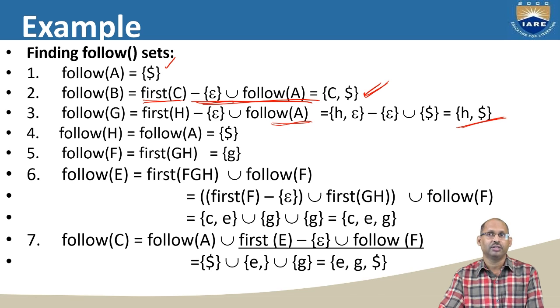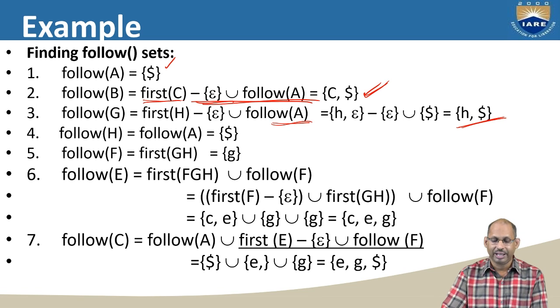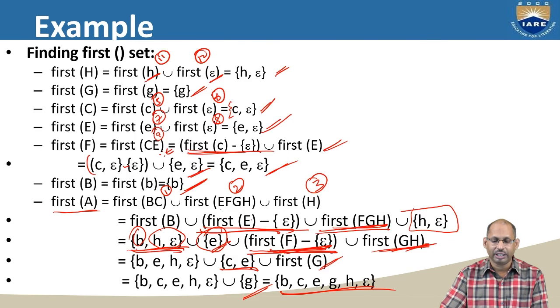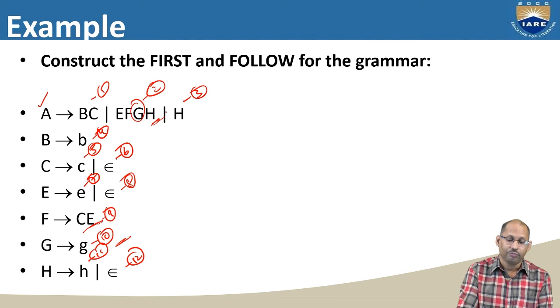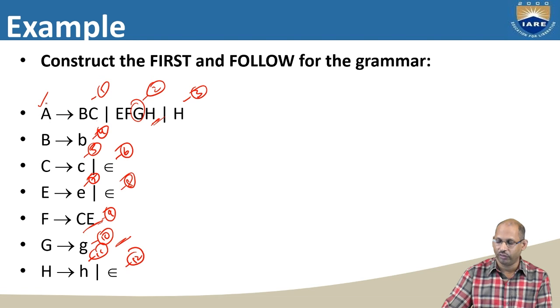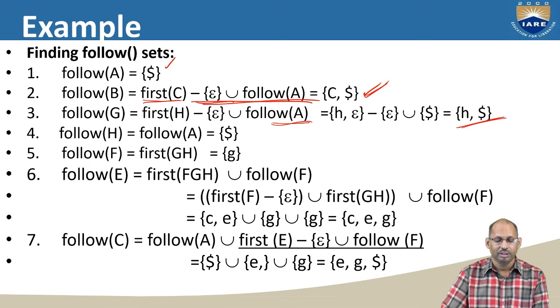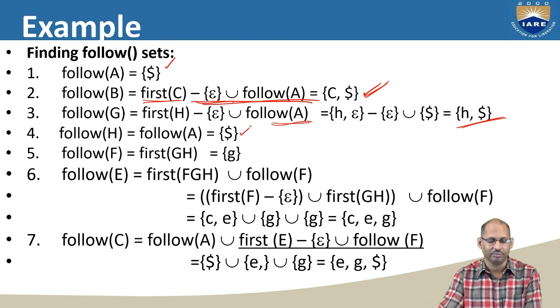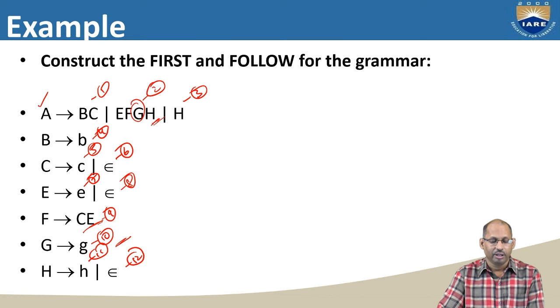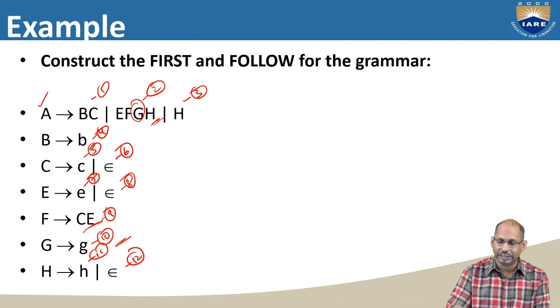Right? Then H, where is H present? Here itself. For both the second and third production, follow of H is simply follow of A. Right? So follow of H is follow of A, simply $. Then F. For F, GH.